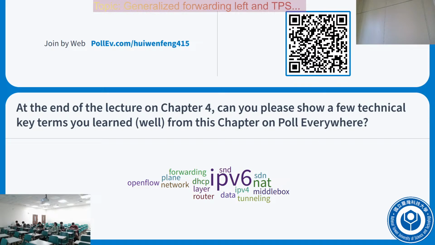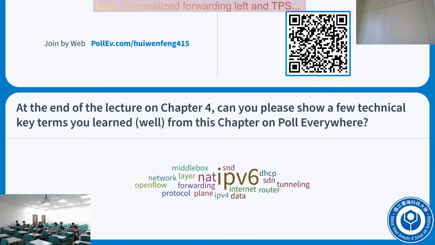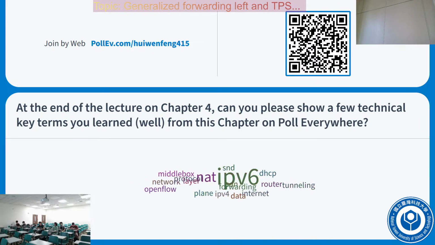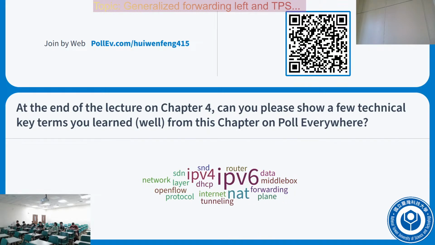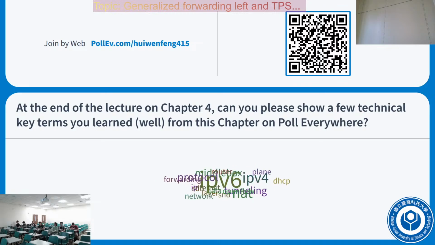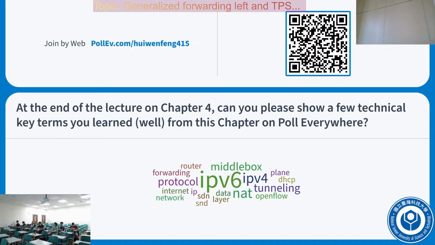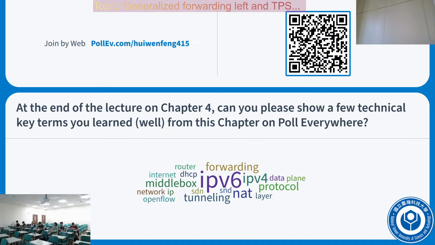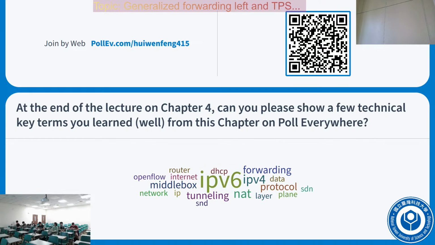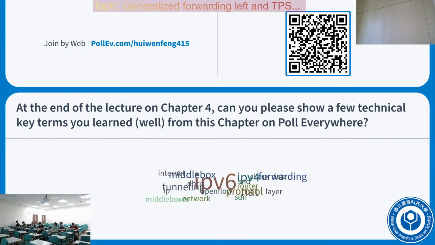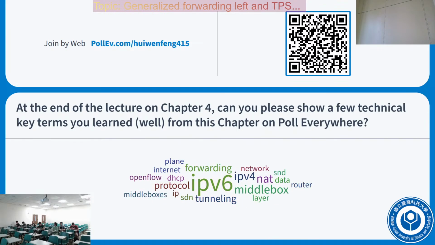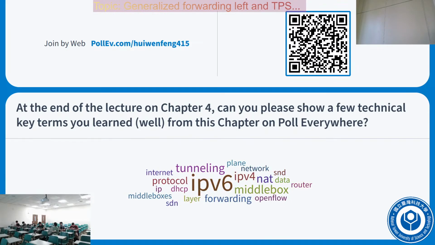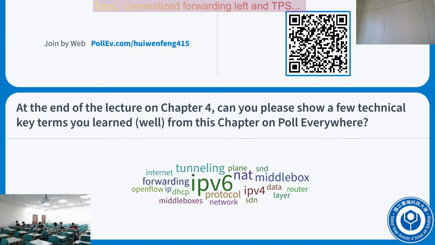But specifically, we devote our discussion to IPv6 because this is the actual one. And yes, we have forwarding, we have middleboxes, and because of IPv6, we have tunneling. Okay, good. And OpenFlow, we mentioned that one, but OpenFlow will be covered in the next chapter. Of course, we mentioned OpenFlow.